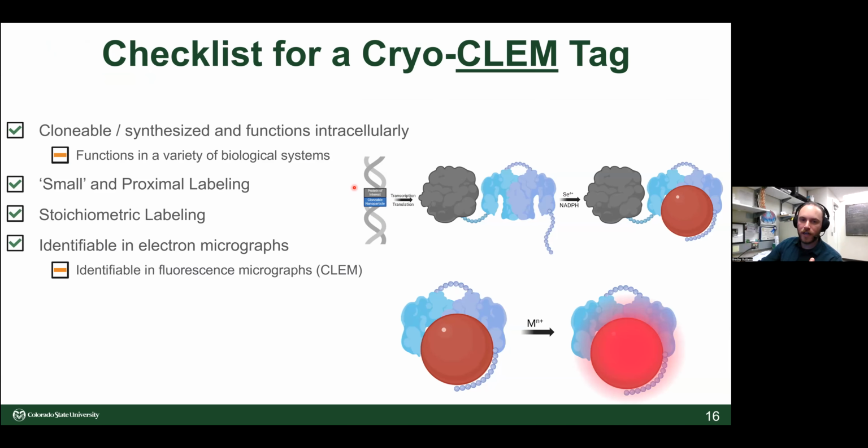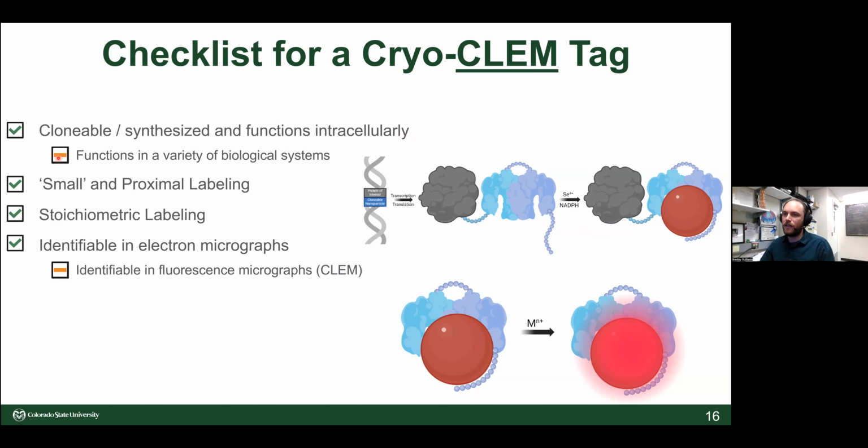Right, so if we return to our checklist here, I've shown that this is clonable, as the name suggests. It is synthesized and functions intracellularly. In fact, we pulled it out of a microorganism that it was already working in.